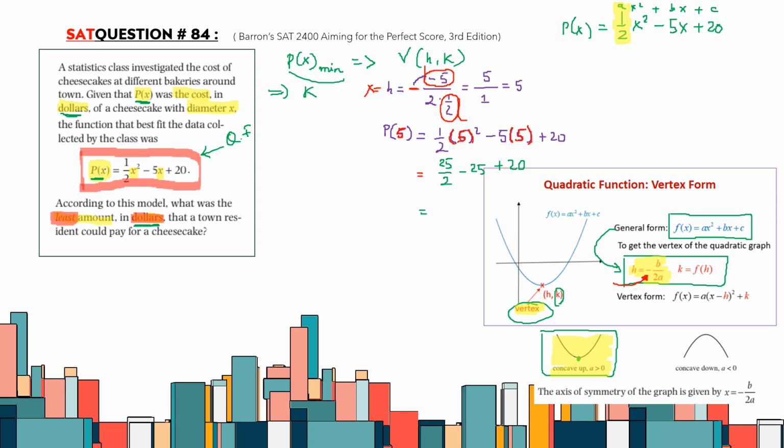Take the easy calculation first: negative 25 plus 20 gives you minus 5. 25 divided by 2 is 12.5. So 12.5 minus 5 is 7.5. So the right answer in this case is $7.5.